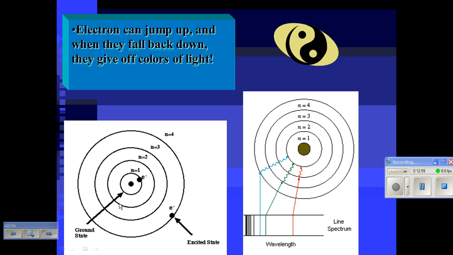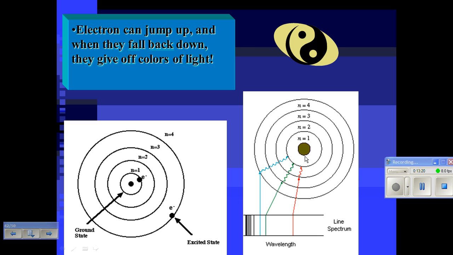So if you have an electron, electricity is run through it, it jumps out to an excited state, and then it could fall back and give off energy, and the energy then is given off as a wave that our eye then detects as a color.